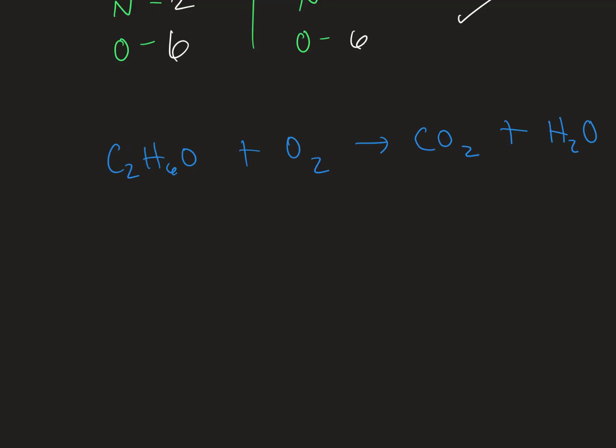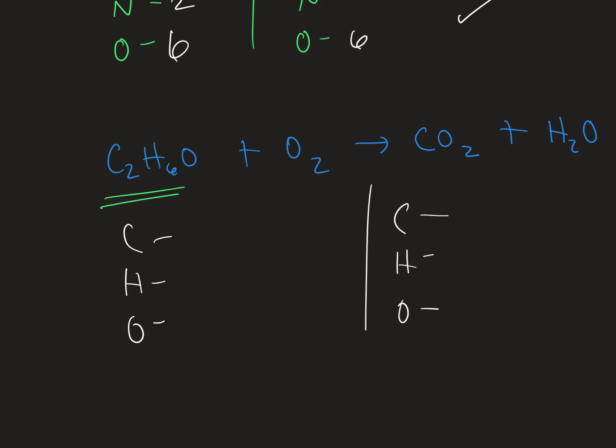All right. So we have carbon, hydrogen, and oxygen. Let's start with that big one, right? Let's just start with carbon. We have 2 on the left, so we better put a 2 right there so that we have 2 on the right. Y'all with me?